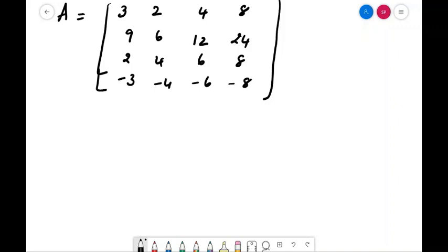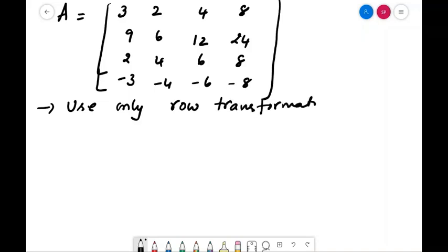So I have to reduce it to echelon form, and we have to use only row transformations to reduce to an echelon form.